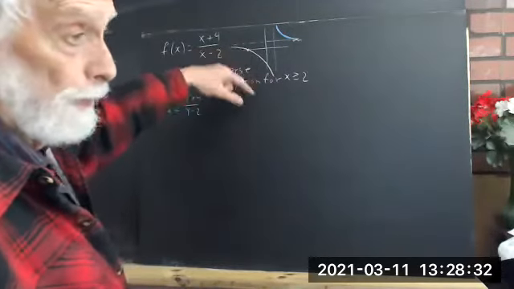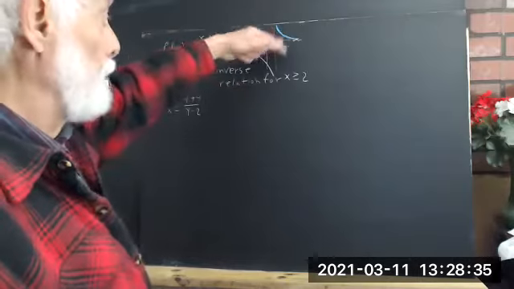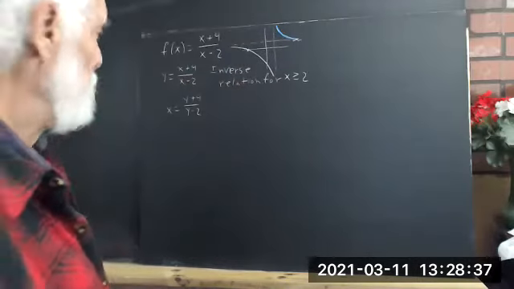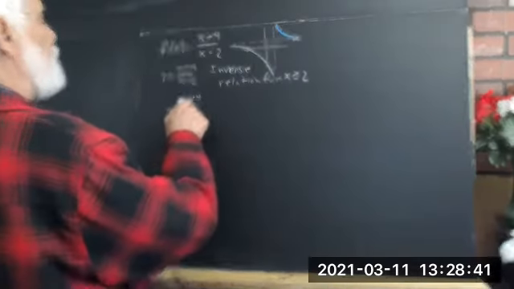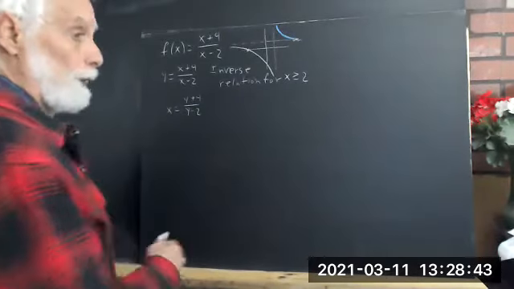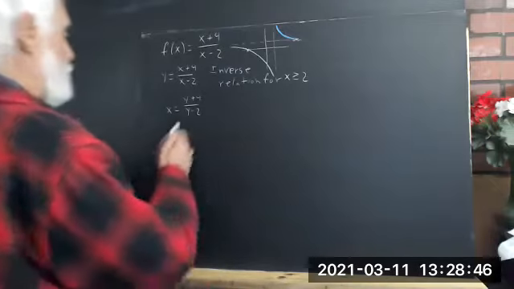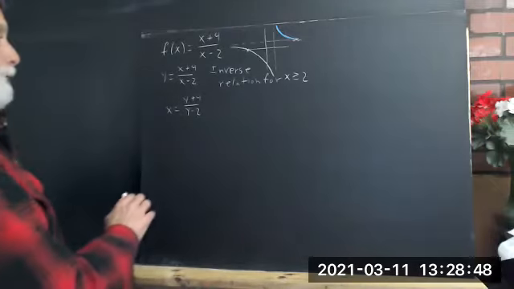We could invert it here also, but we're going to use the one where the values tend to be positive. So we're going to do this. So x is going to be (y plus 4) over (y minus 2). We're going to solve for y. And this is a little more complicated to solve for y.